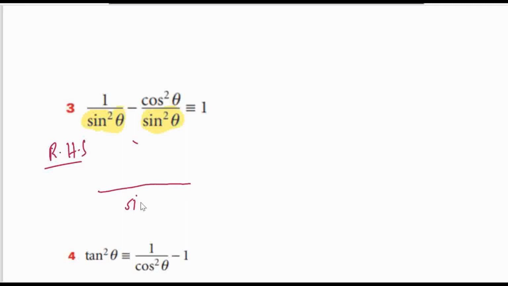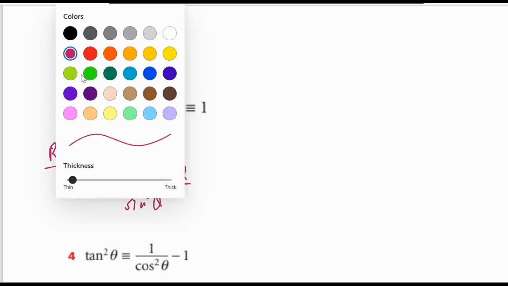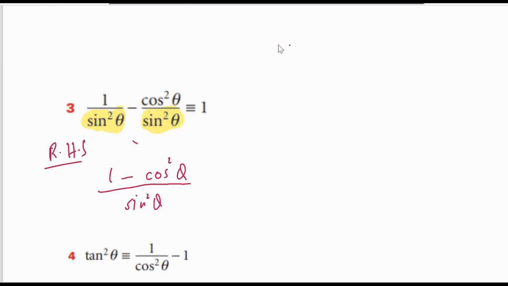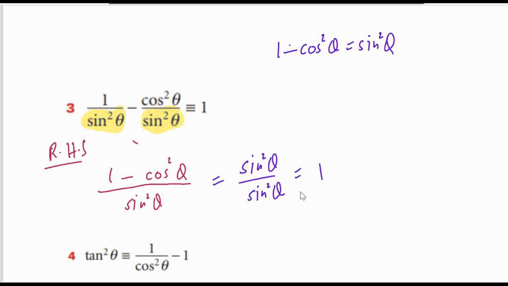This will be sine square theta 1 minus cos square theta. Now we know from the identities that 1 minus cos square theta will be equals to sine square theta, the first identity. So we can replace it like this and then we can cancel out this one. So this will be equals to 1.